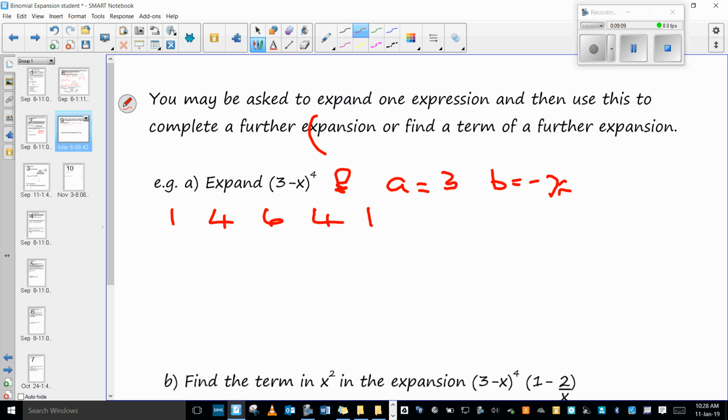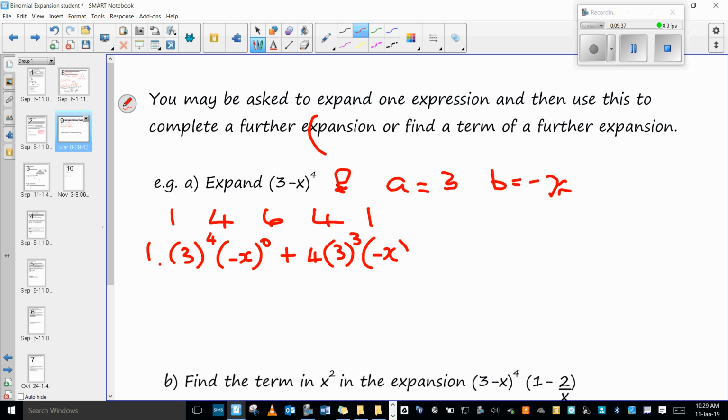So that's our row we're remembering. So there are values in the front. We've got 1 at the beginning, and we've got 3 to the power 4, and then negative x to the power 0. Remember this? Just going back to the very first lesson. Plus 4, and then it would be 3 to the power 3, because we know they go down by 1 each time, and then negative x to the power 1.